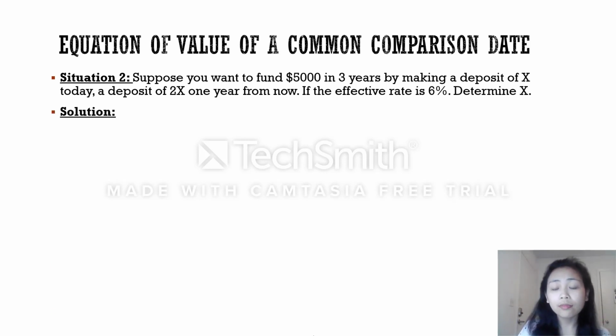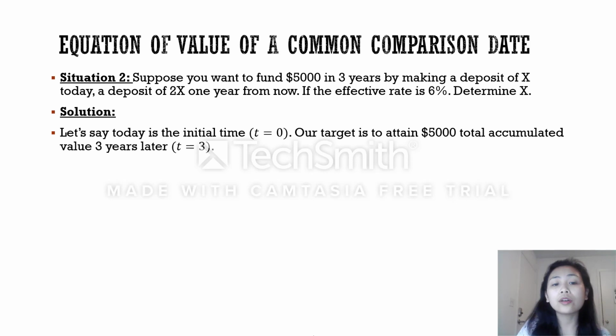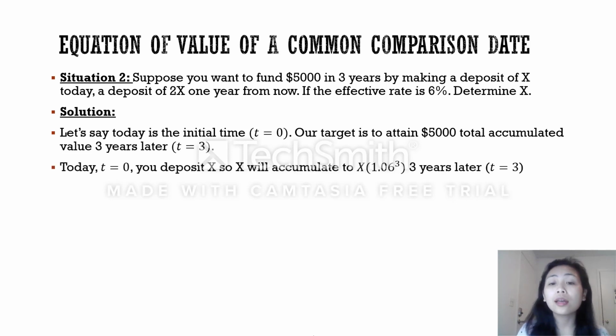Now we are going to set up the initial time. Let's say today is the initial time, t equals 0, and our target is to attain $5,000 total accumulated value 3 years later, at time t equals 3. Our first deposit is x, deposited at time t equals 0.